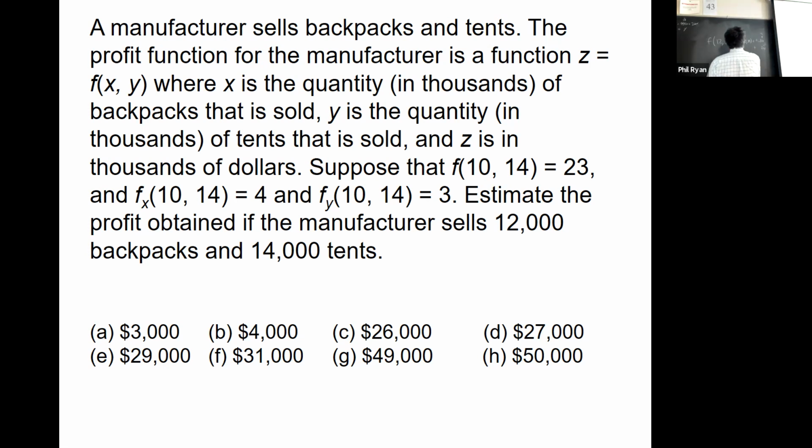Now we're ready to put the answers in. F(10, 14) is 23, isn't it? 2 times 4 is 8, so 31. Okay.